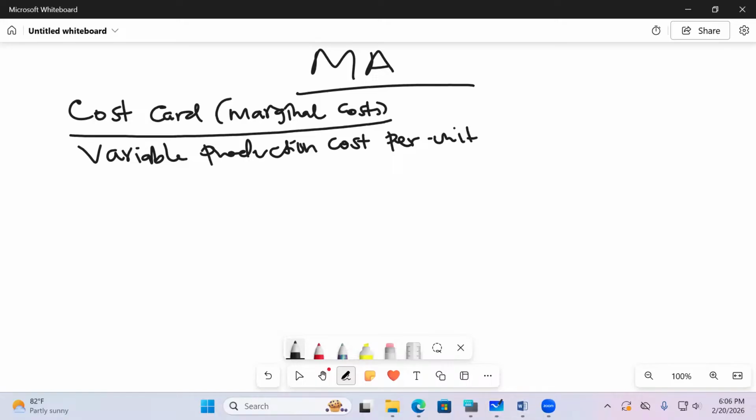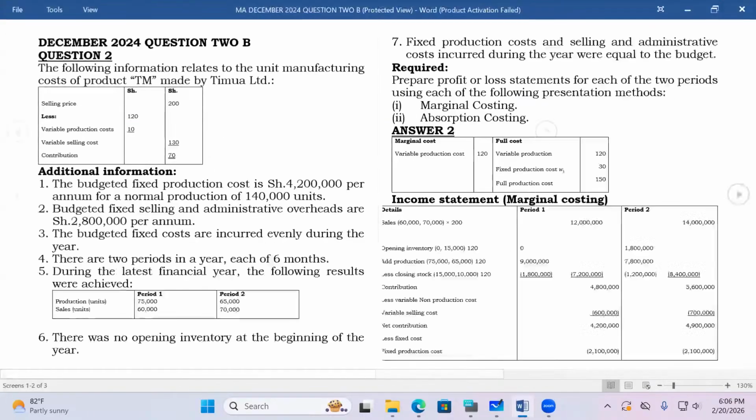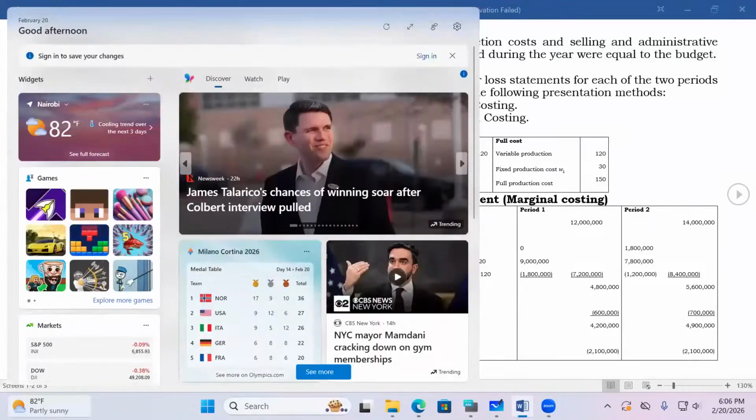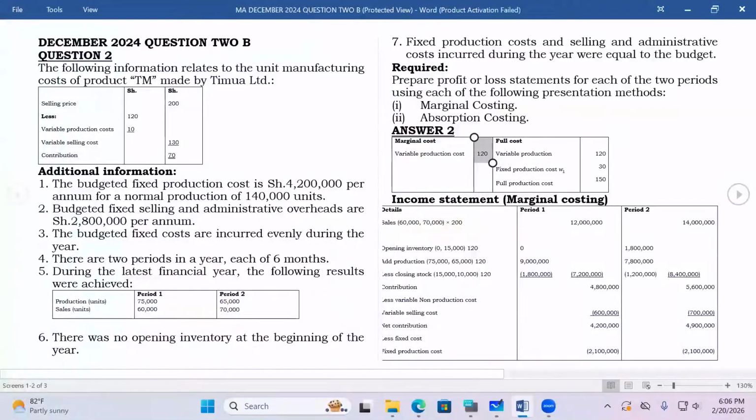If you look at the question we are given here, ladies and gentlemen, what have they given us here? If you look at this very well, this is quite a tough thing, we shall overcome. If you look at this particular question, they are telling us something very nice, not in part 5 but at the very beginning.